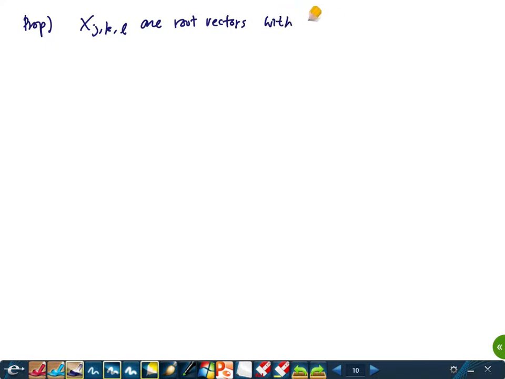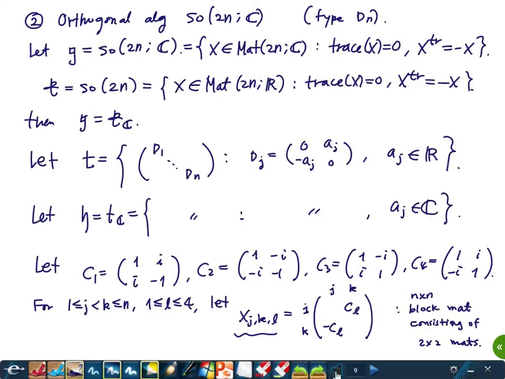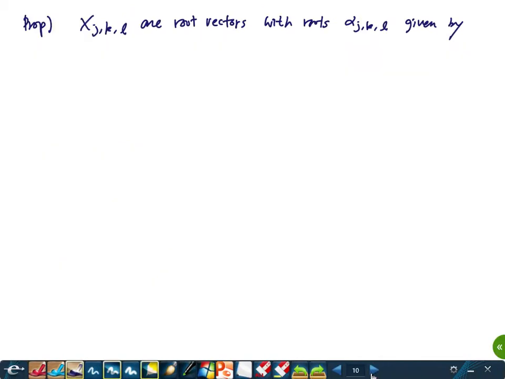With root meaning simultaneous eigenvalues, alpha_{j,k,l}, given by, where the indices are all satisfying these constraints, this. So a root vector means this: [h, X_{j,k,l}] equals alpha_{j,k,l}(h) X_{j,k,l}.